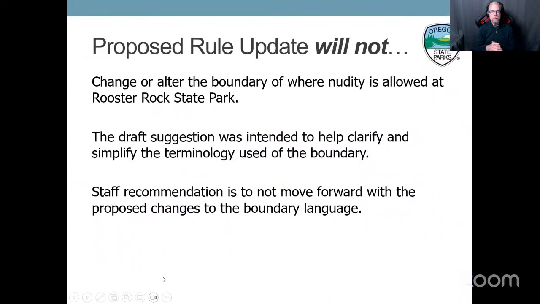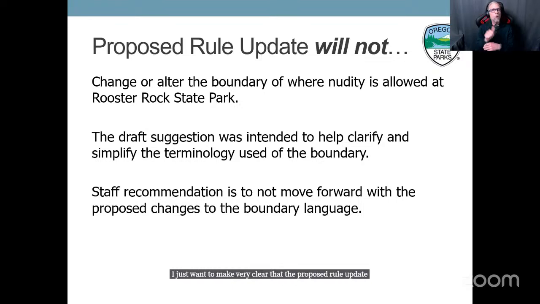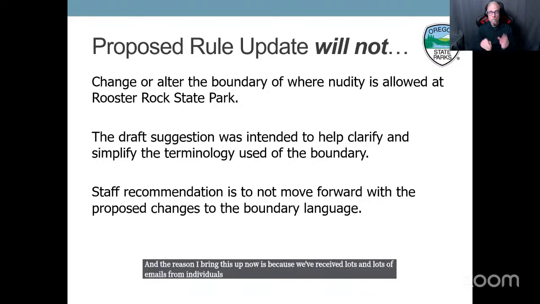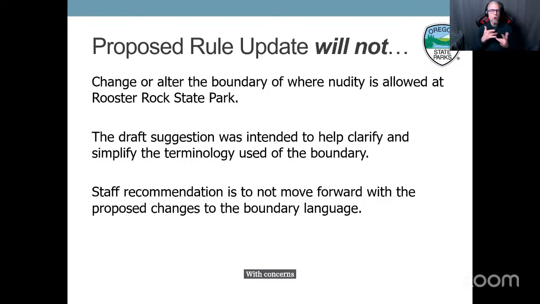I just want to make very clear that the proposed rule update will not change or alter the boundary of where nudity is allowed at Rooster Rock State Park. The reason I bring this up now is because we've received lots and lots of emails from individuals providing public comment through our email system with concerns about some of the language in that portion of our rule.